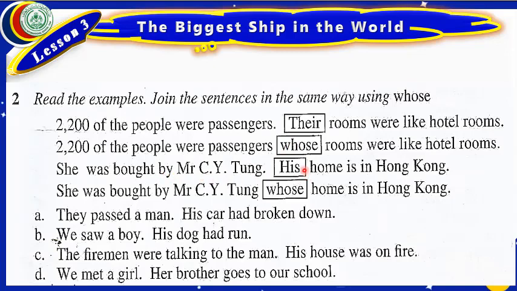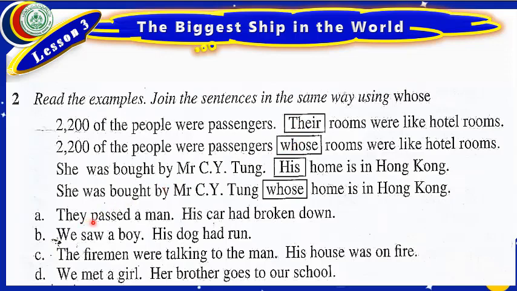The subject of the second sentence was his. This his is replaced by whose. I think you have got some idea how to change the sentences. What does it mean? We can see here the subject of the second sentence is replaced by whose to join the two sentences.